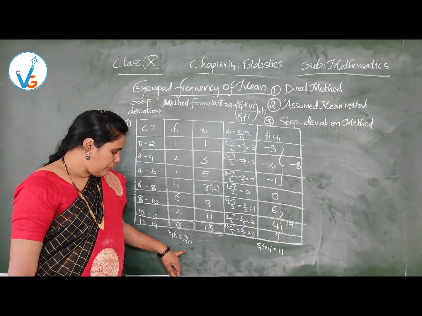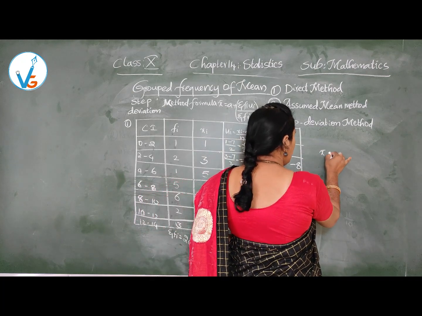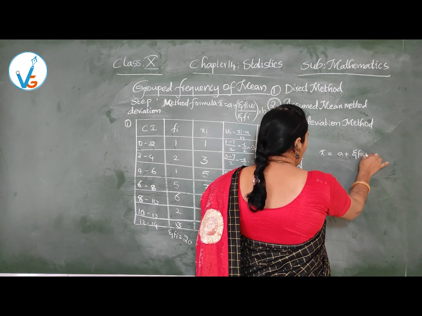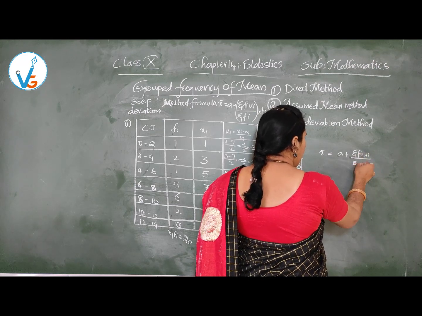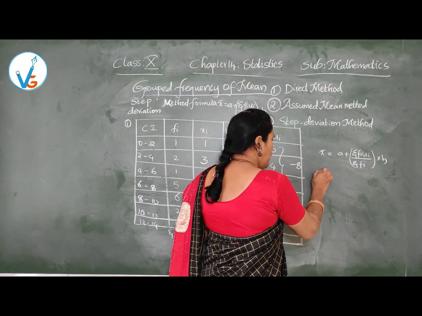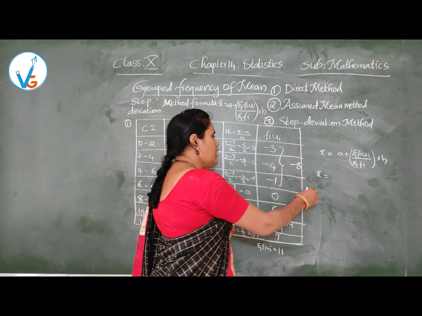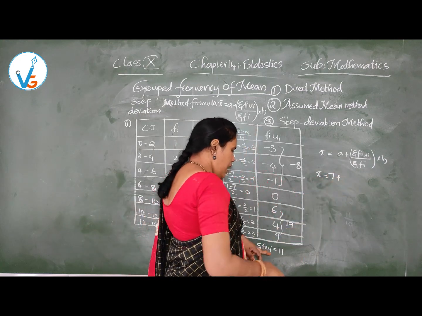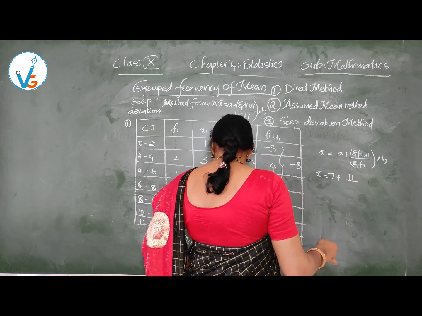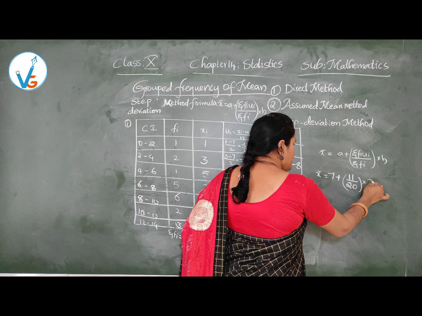Okay. Next what we have to do? We have to find out by substituting in the formula. X bar is equal to A plus sigma Fi Ui by sigma Fi into H. Now you see here X bar is equal to, what is your A value here? A is 7. 7 plus sigma Fi Ui is 11 by, what is your sigma Fi? 20 into class height is 2.